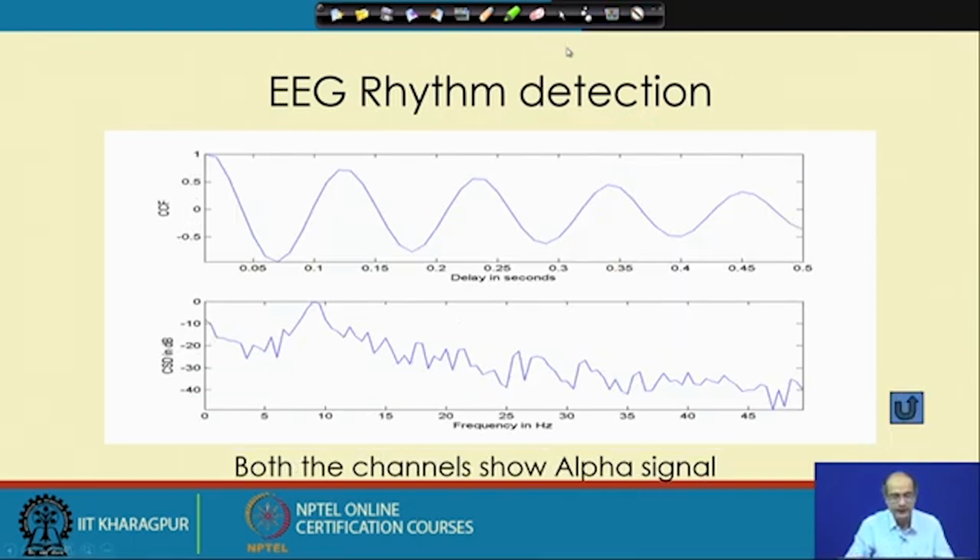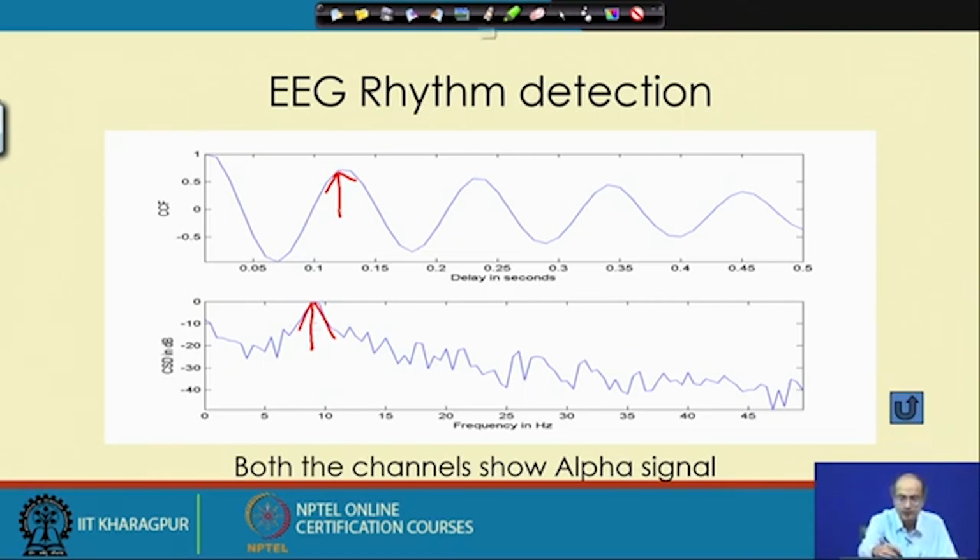So, here we have taken the cross correlation coefficient and we get a peak here, okay, and we similarly get a peak here in the PSD. Which tells us that the signal is getting repeated in that channel, and because that peak is at 9 Hz, it is alpha wave.